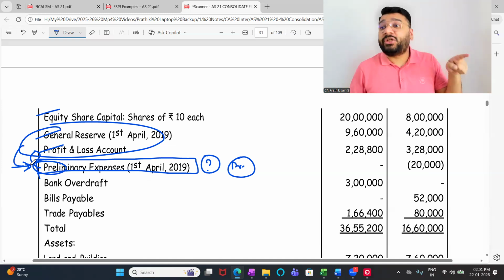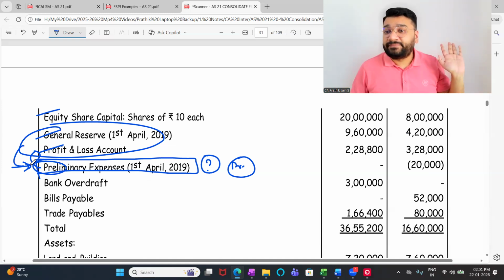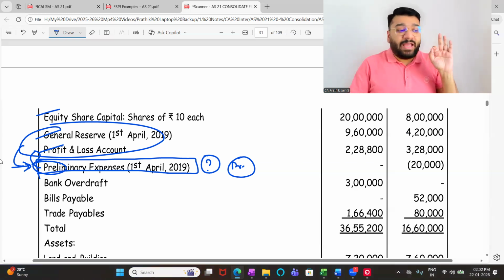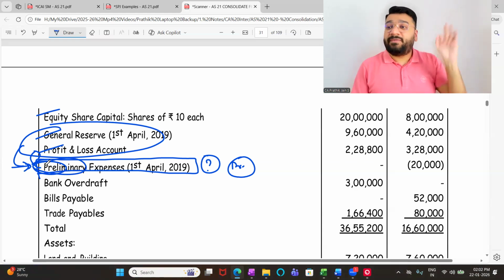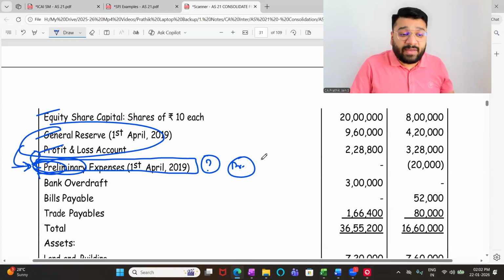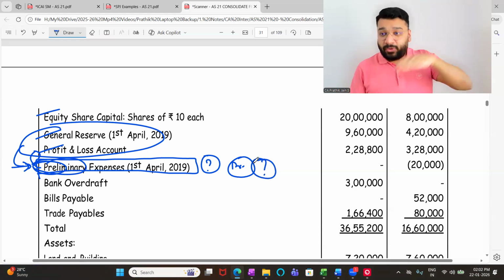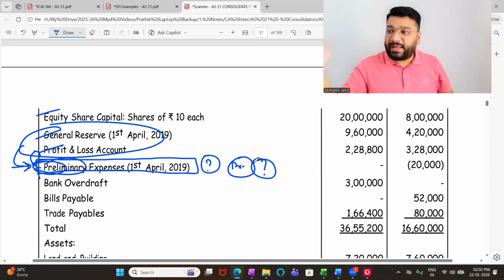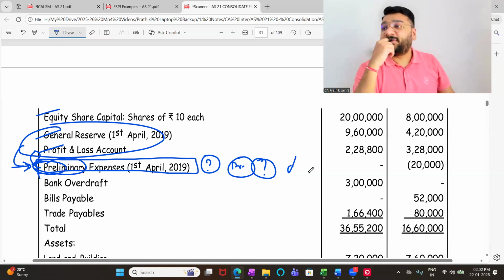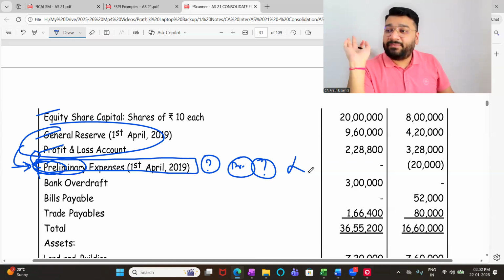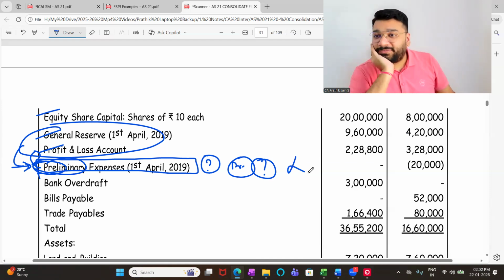You will not believe it, people who are recently coming to me for accounting classes, inquiries from different academies, have no idea about this. They've done the classes, given the exam, still they are not aware of this.